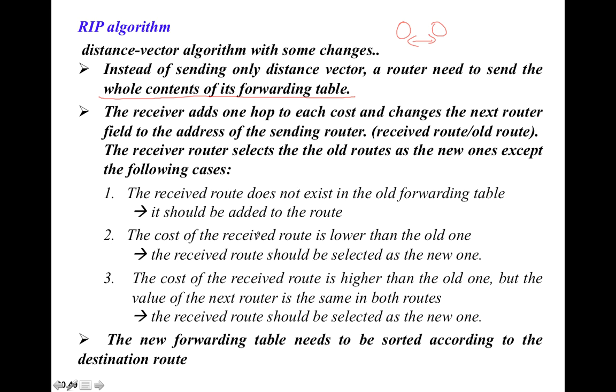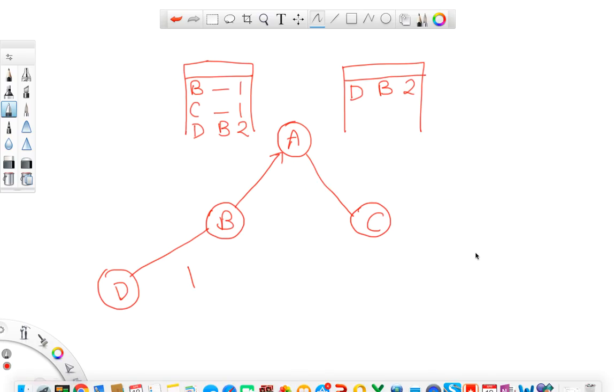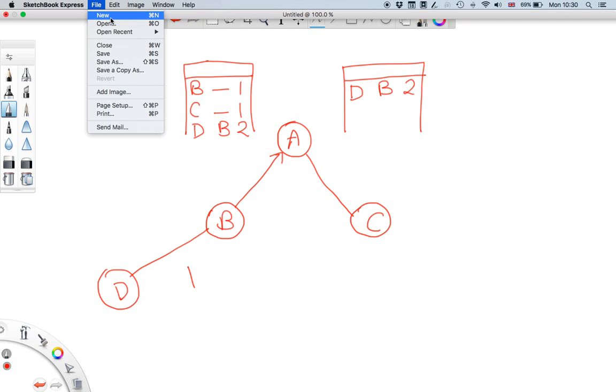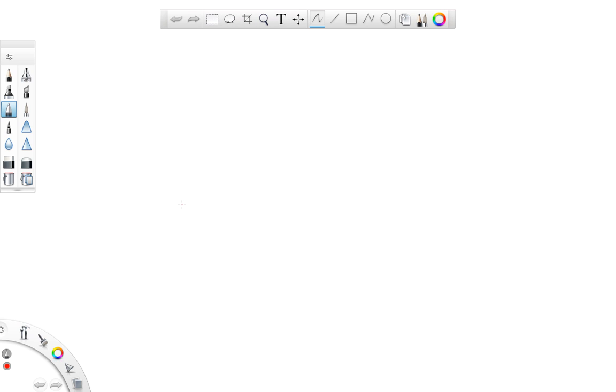Number 2, the cost of the received route is lower than the old one. In this case, the received route should be selected as the new one. So let's consider this scenario where we have all these routers: A, B, G, H, K, L, Z, and we have another one, M, in here.